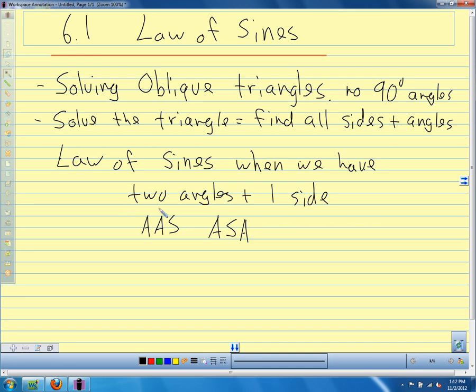So if we have two angles and a side, or two angles and the side between them, that's when we're going to use the law of sines. On Monday we'll talk about another case when we use the law of sines where we have to be a little more careful.